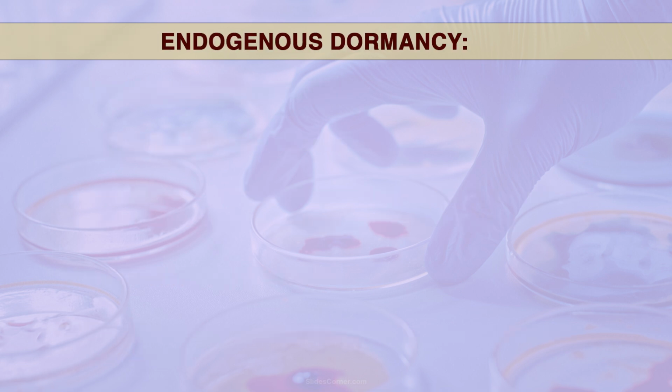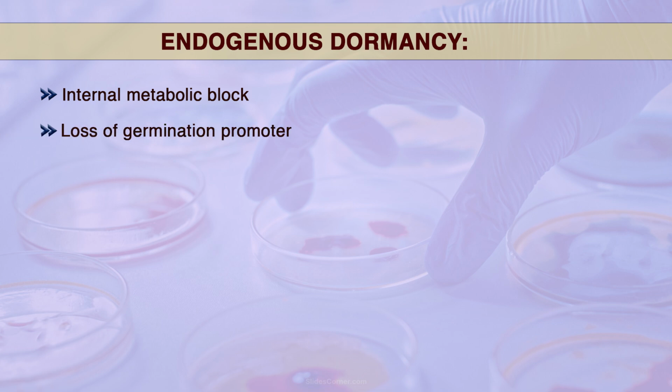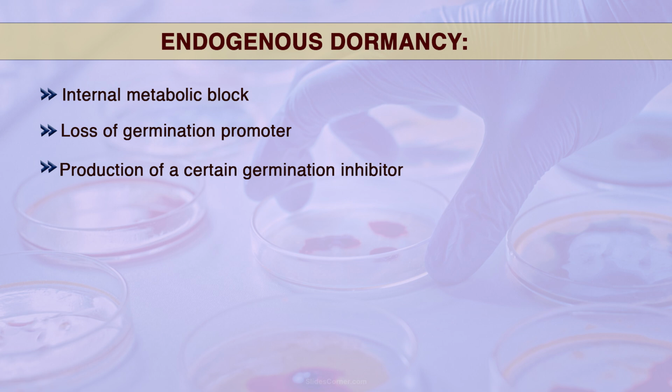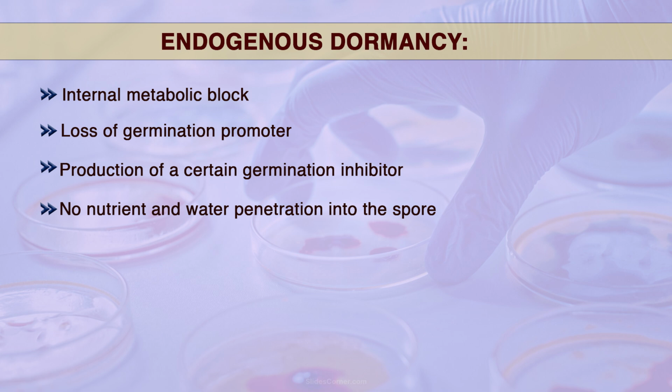In endogenous dormancy, this kind of dormancy is due to internal factors like internal metabolic block, loss of germination promoter, production of certain germination inhibitors, and no nutrient and water penetration into the spore.